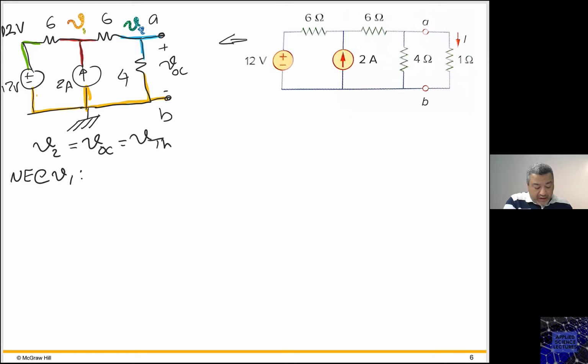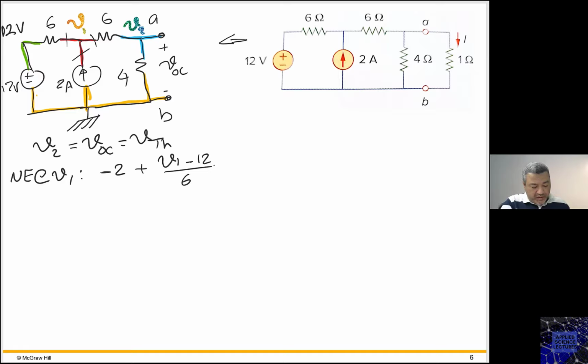So what do I have? I have -2, plus V1 minus 12 over 6. Keep counting the branches so you don't miss any, right? Look at the branches that are connected to V1 here. 1, 2, and 3.